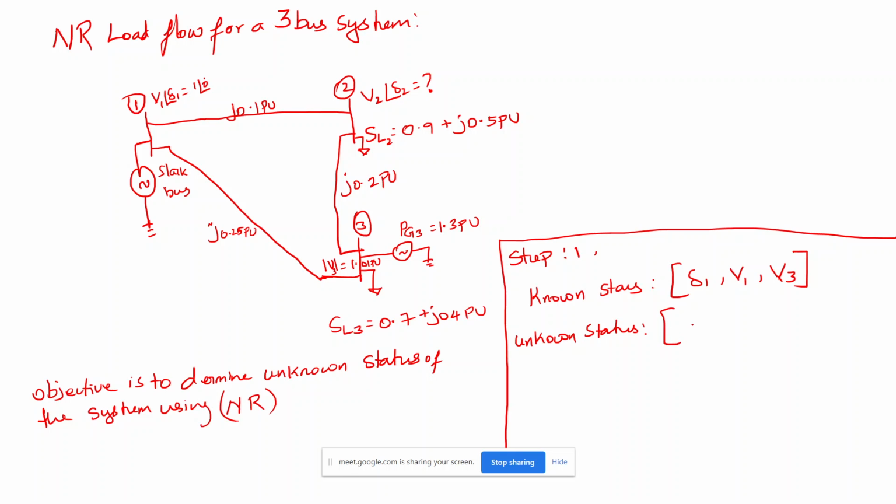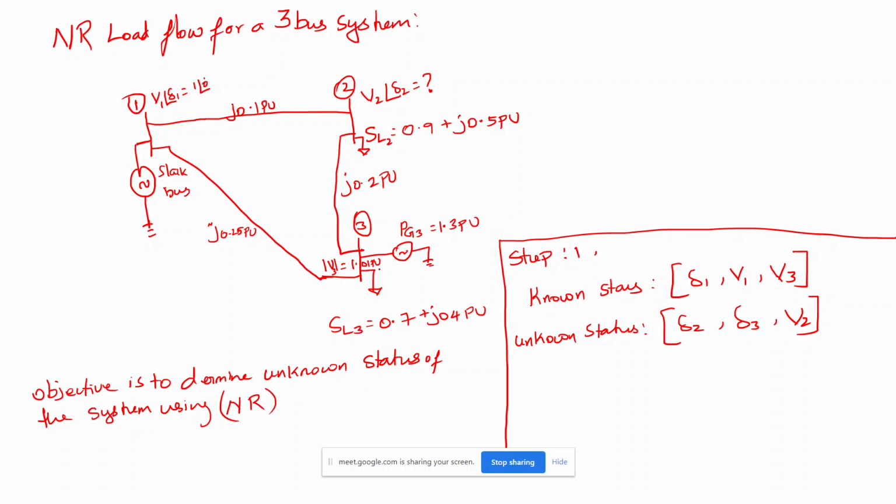Unknown states are, we don't know what is del 2, we don't know what is del 3, and we don't know what is V2. So these things we need to find out. Means the angle at bus 2 and angle at bus 3 are not given because only voltage magnitude is given at bus 3. So we need to find out del 3 and V2. So the voltage at bus 2. So these three quantities are unknown for us.